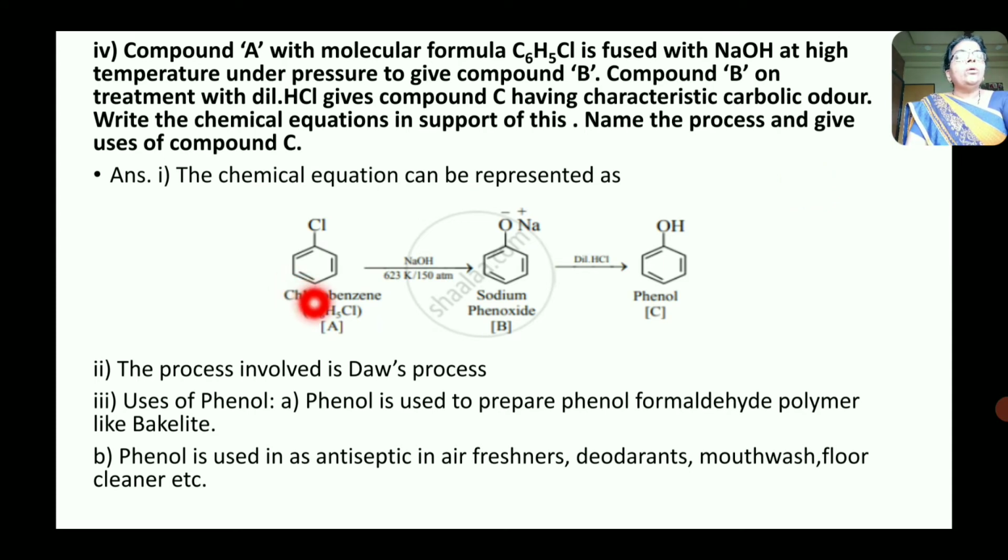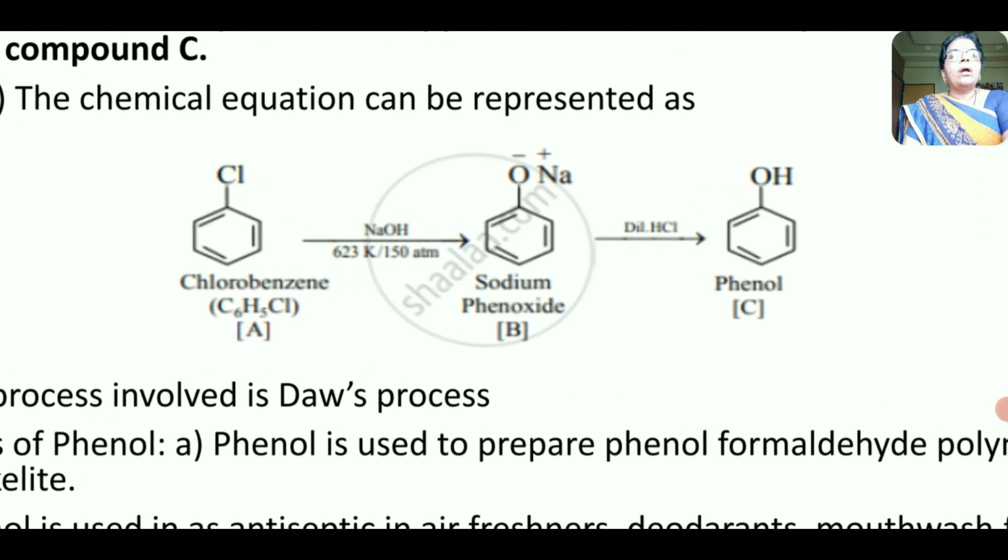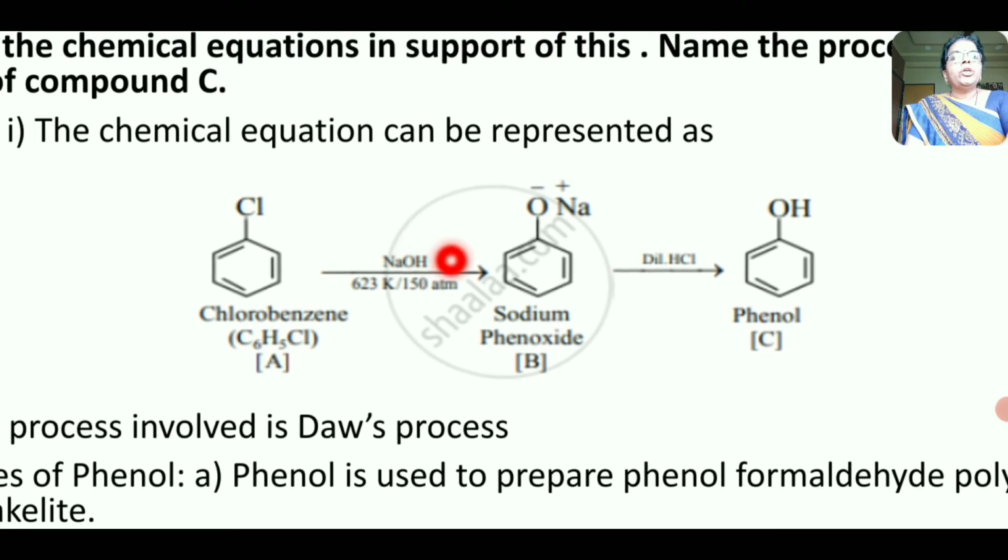Now this chlorobenzene is fused with NaOH at high temperature under pressure to give compound B. When this chlorobenzene is fused with NaOH at high temperature, that is at 623 Kelvin under 300 atmospheric pressure, then the chlorine is removed and substituted by ONa group to form sodium phenoxide, and this sodium phenoxide when treated with dilute HCl gives phenol.